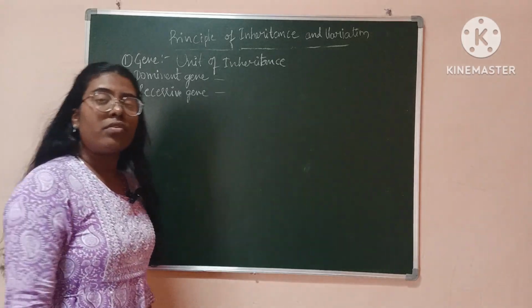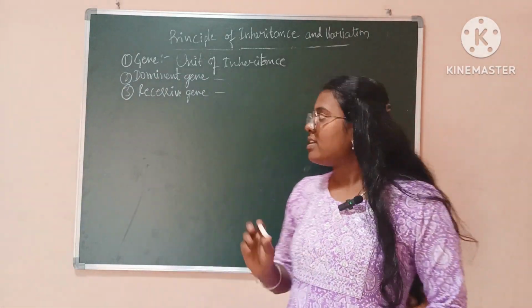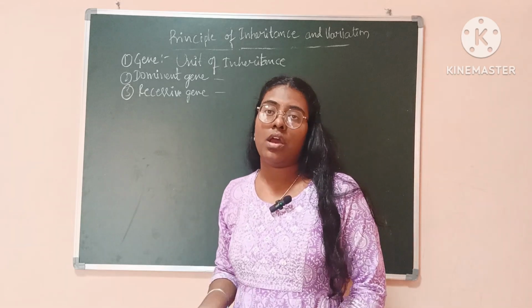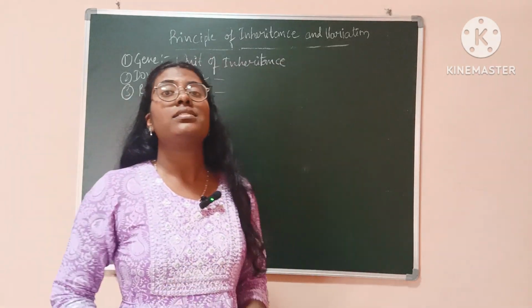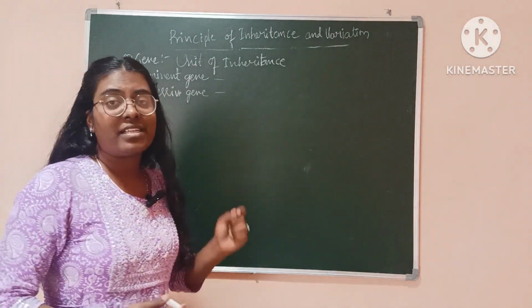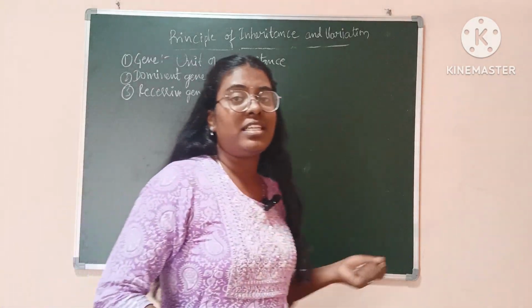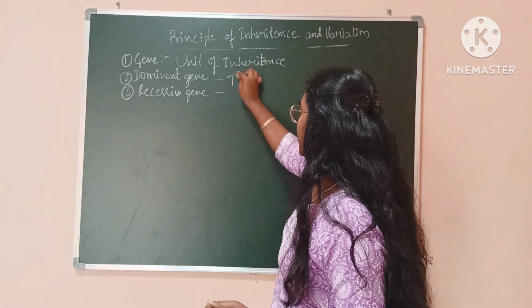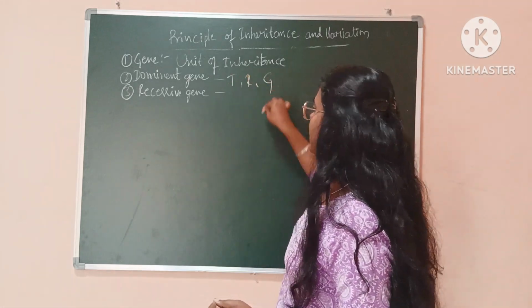So what is the meaning of dominant gene? The dominant gene will always mask the character of the recessive gene, or it always dominates the other character, hence that is called dominant gene. Dominant genes are represented by capital letters like T, R, G, like this.